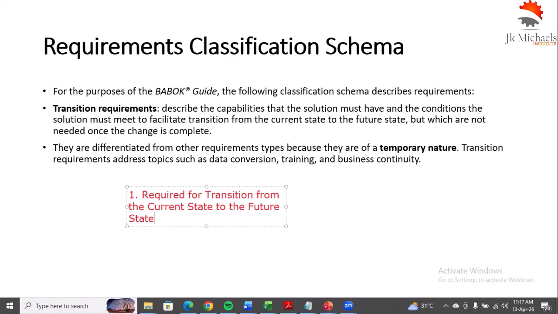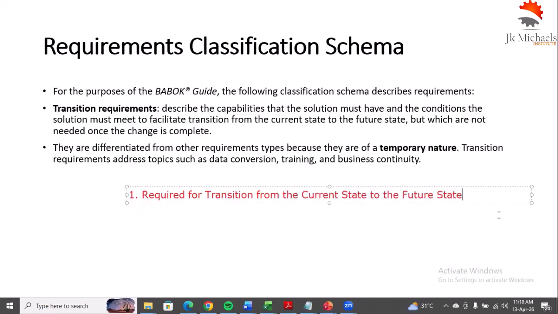In fact, that is the first characteristic: transition requirements are required to be able to transition from the current state to the future state. And then the second thing is that transition requirements are not needed after the change or the transition is complete.